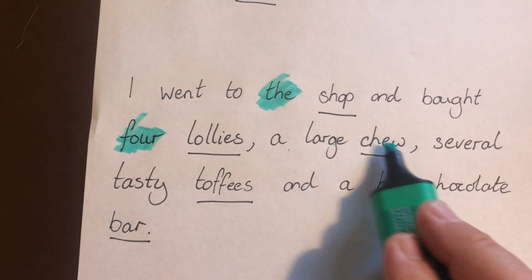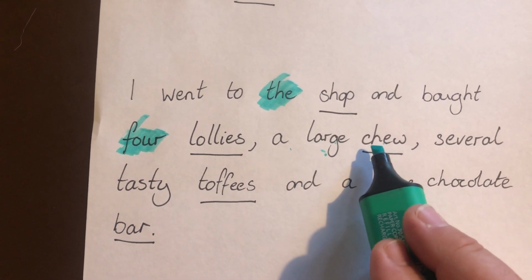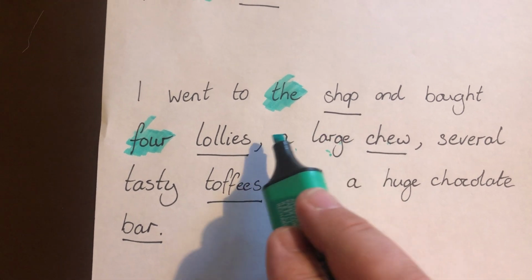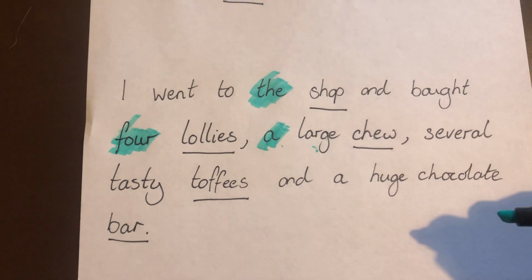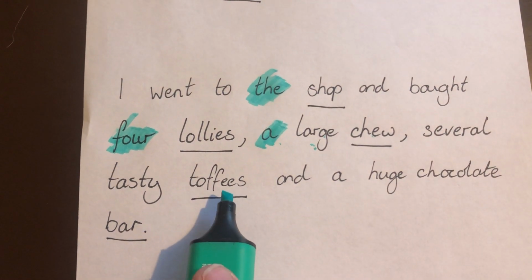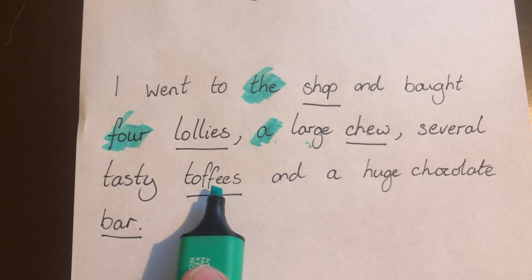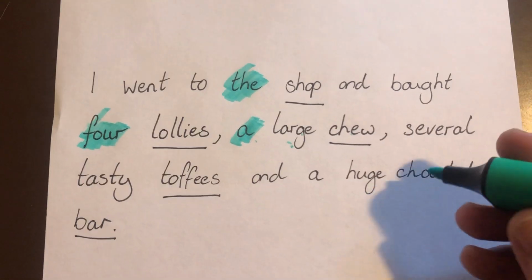I've got a large chew. Chew is my noun. If I go to the one before, this word here is an adjective. It's describing this noun, so that's not my determiner. So I move 1 again. There's my determiner. We go to toffees. Again, if I look forward, tasty is describing the toffees. That's an adjective. So I'm going to move again 1 step.